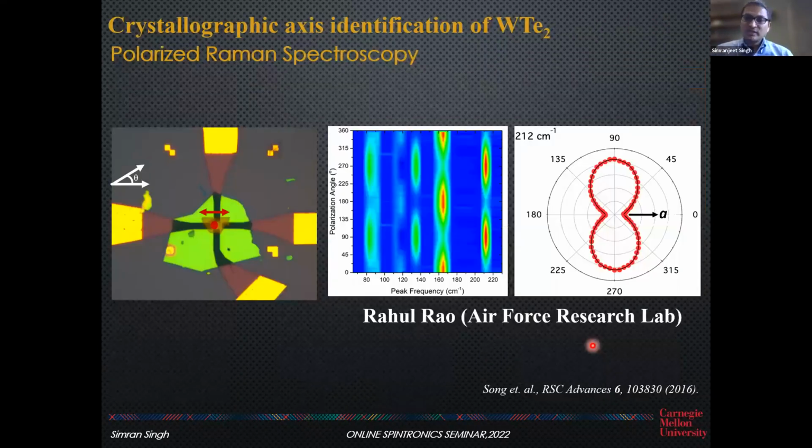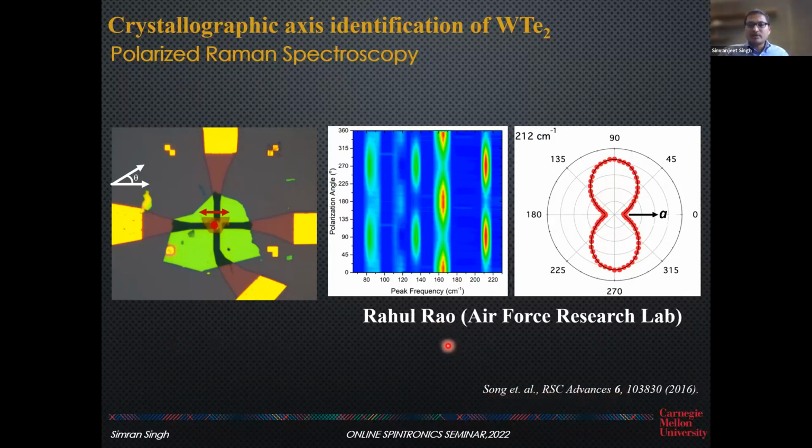Now, for these experiments, it's really important for us to know which way is the crystallographic a axis and which way is the crystallographic b axis, because we really want to do control experiments. We want to apply charge current along the a axis and along the b axis and look at the response of the device. For that, we can use polarized Raman spectroscopy. This was first outlined in a very nice paper back in 2016.